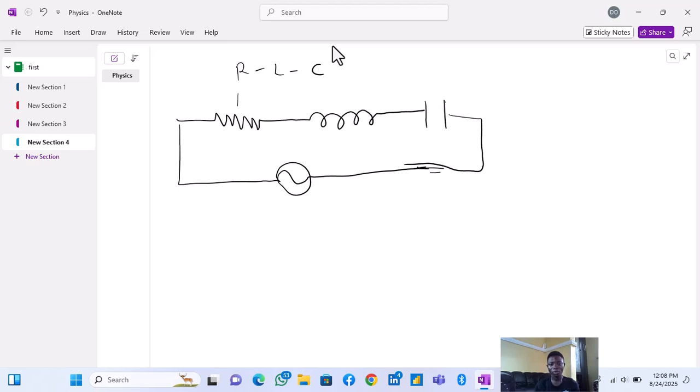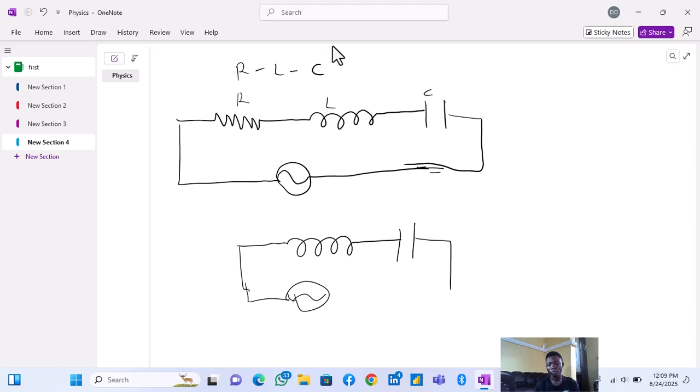I also mentioned that you can have an LC, where you have just the inductor and then the capacitor together, connected to an AC source. Everything is connected in series, so you can have all this.